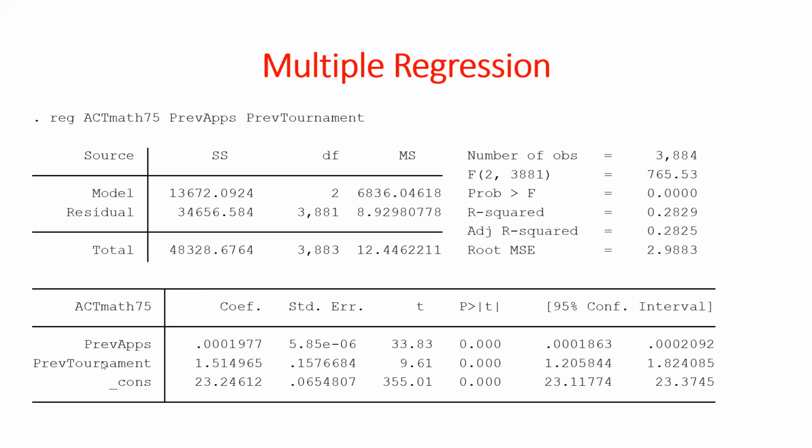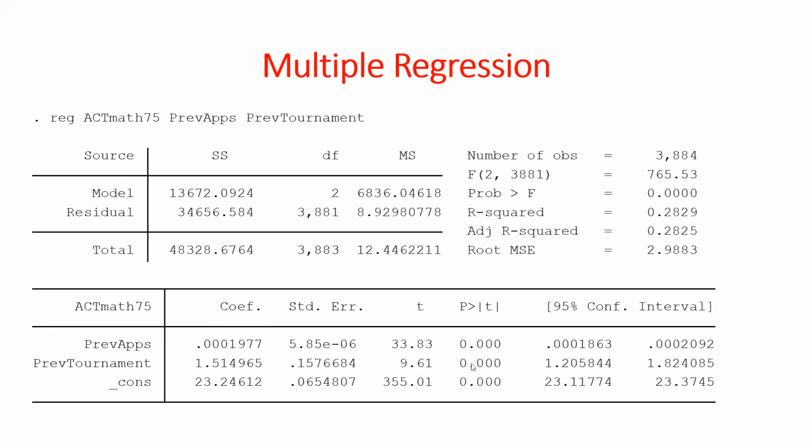And you see if they make the tournament, holding constant the number of applications from the previous year, a university who makes the tournament in the prior year, in the following year, their freshman class will have an ACT of about 1.5 points higher for that 75th percentile cutoff, which is a pretty sizable increase, right, in the ACT score.